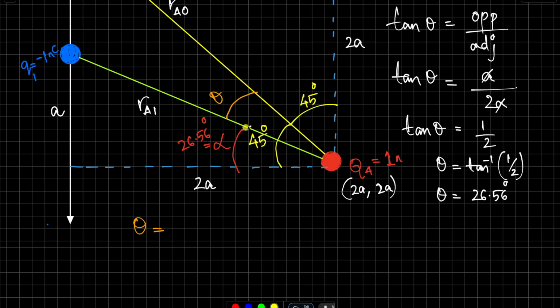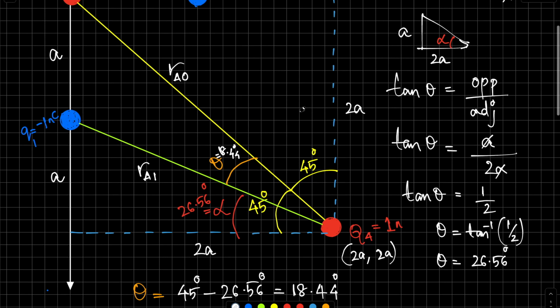The total angle 45 degrees minus this small angle alpha, which is 26.56 degrees. So you'll get 18.44 degrees. That is theta. Theta is 18.44 degrees. That's this angle.